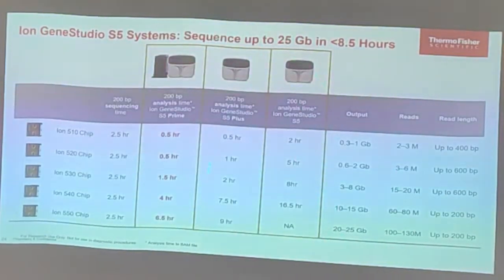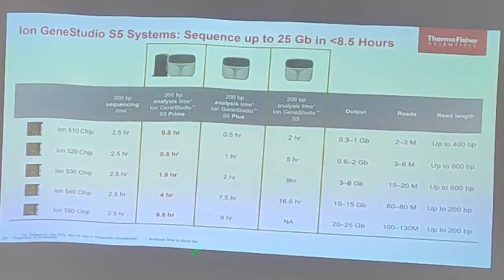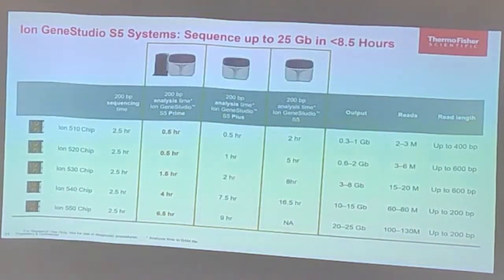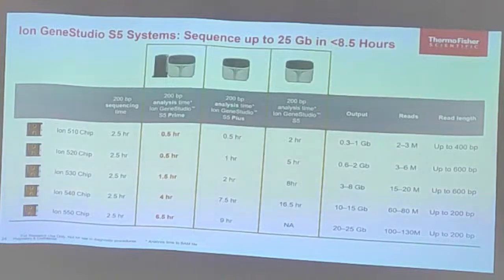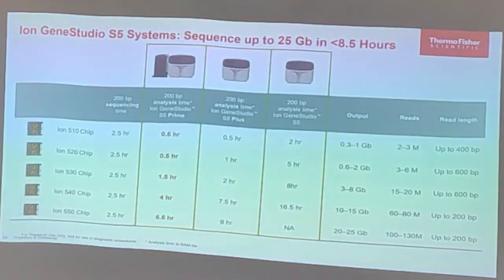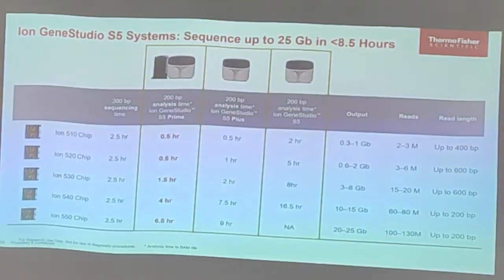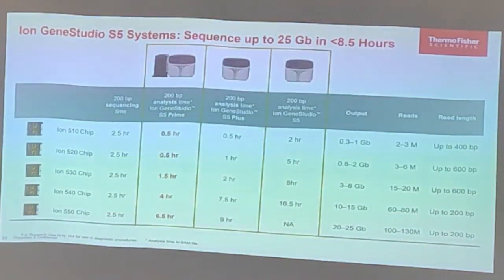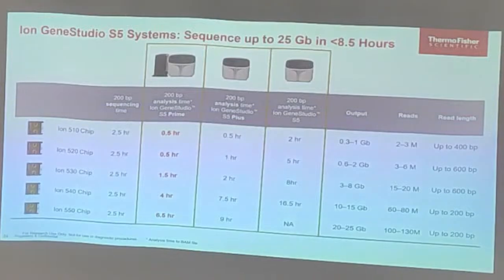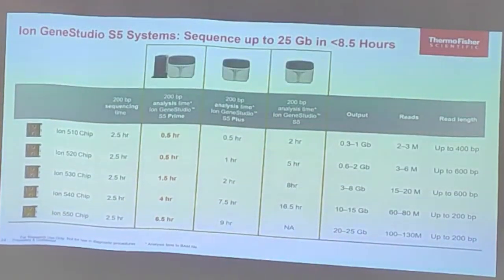How is the time duration of one chip? If you are using 200 base pair chemistry, and it is a 5 times chip, it can take 0.5 hours. Like that, with the increasing capacity of the chip, these are the different run times, and also with the different instrument models.